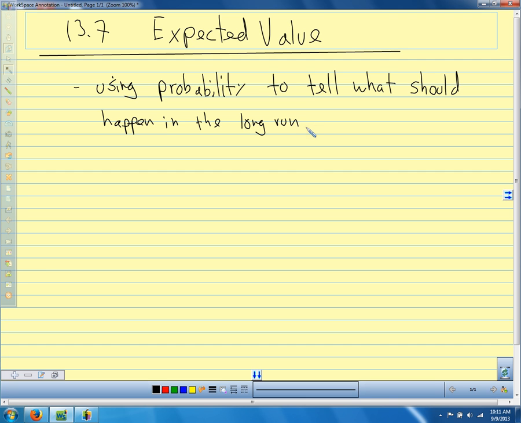Expected value doesn't tell us what is going to happen necessarily the next time we do something, but in the long run. And we use it to make decisions when we know something about probabilities.